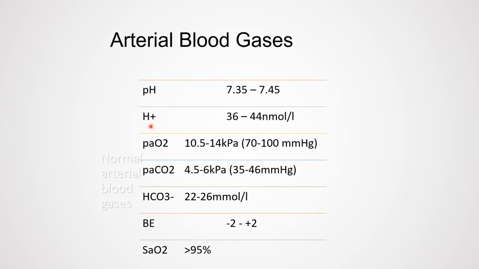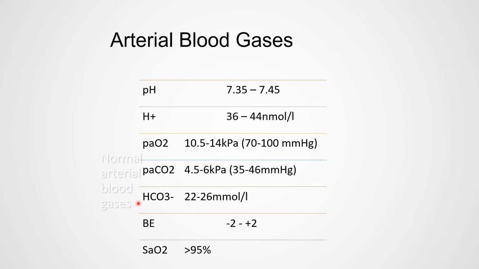Partial pressures of oxygen, 10.5 to 14 kilopascals. Remember I said that in the UK and Europe we tend to use kilopascals rather than millimeters of mercury, which I've represented here in brackets. Partial pressures of carbon dioxide, normal values of 4.5 to 6 kilopascals.